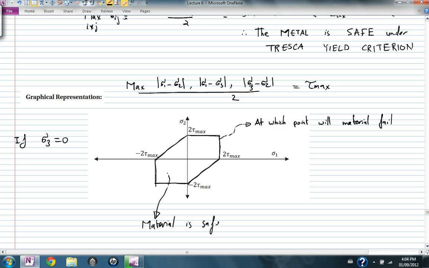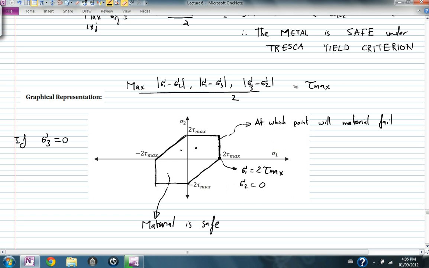So let's try to understand this graph. This point is represented by sigma 1 equal to 2 tau max and sigma 2 equals 0. Indeed, then the maximum of this will be equal to tau max. Any point here will represent a case at which the material is going to fail. So this line is the critical zone.